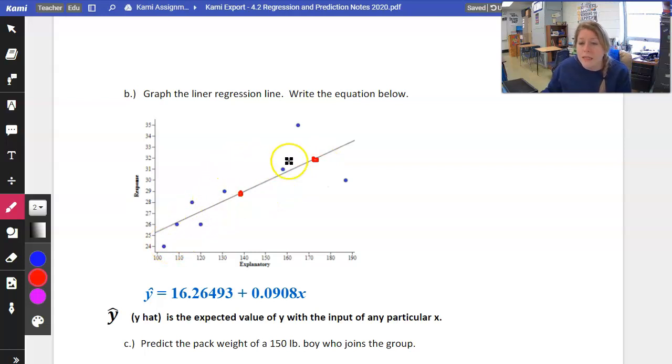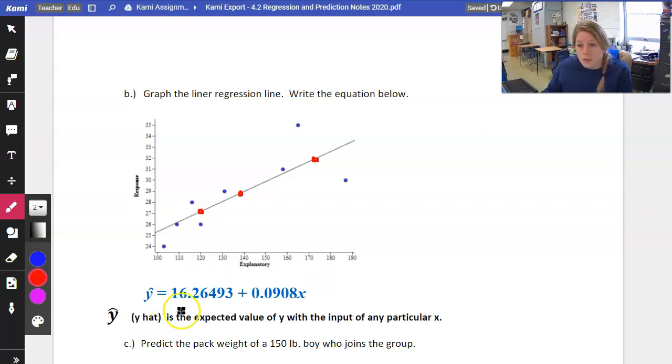So notice none of these dots are exactly on the line, so you won't get any of the original responses. Even if you put in 120, we had somebody who weighed 120 pounds, the result that you get is going to be the dot that's on the line, not the dot that actually existed. So y hats are expected values or estimates, not actual values.